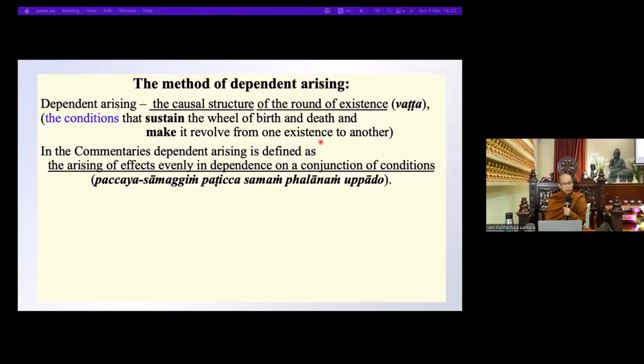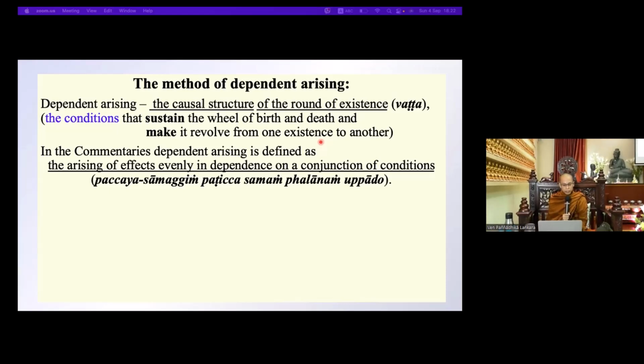Although it is mentioned as rebirth and death, it includes the whole process starting from avijja. So it sustains the whole mass of suffering and also makes it start another existence. We will see how they are connected, the cause and effect in the method of paticca samuppada.